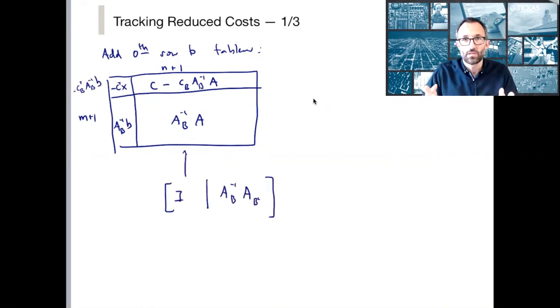So what we learned so far is that for the update rule, we don't have to keep inverting AB inverse. We have a very efficient way to do this just by row-column operations. You want to introduce I hat into the basis. You look at that column, you find out the pivot element by looking at the ratios with AB inverse B, which is sitting in the first column of the Tableau. You find which is the minimum. That's your pivot element.